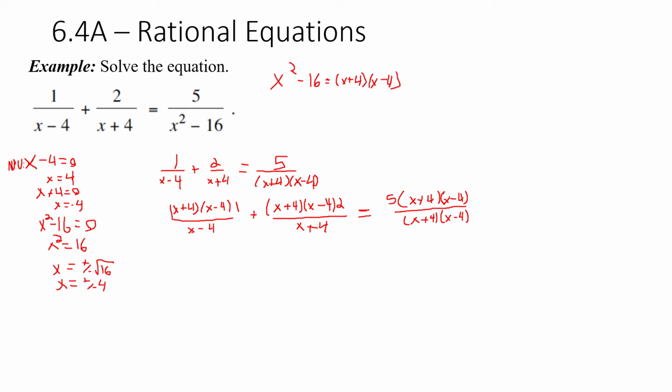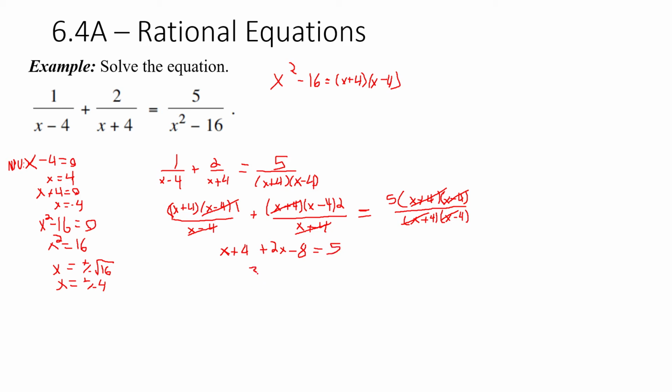But we come to this desirable result of being able to cancel out all of our denominators. So we're left with x plus 4, and we're just going to distribute that 1 inwards because it's just a 1. So x plus 4 plus, then let's distribute the 2 as well, plus 2x minus 8, and then equals just 5.